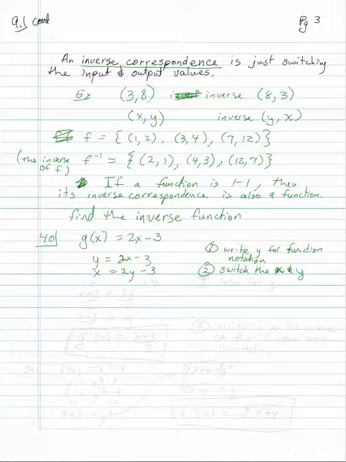Okay? And your next step is you're going to solve it for y. Get y out by itself. So just do some normal algebra. So you got x plus 3 equals 2y. Divide both sides by 2. So we got y equals (x plus 3) over 2.